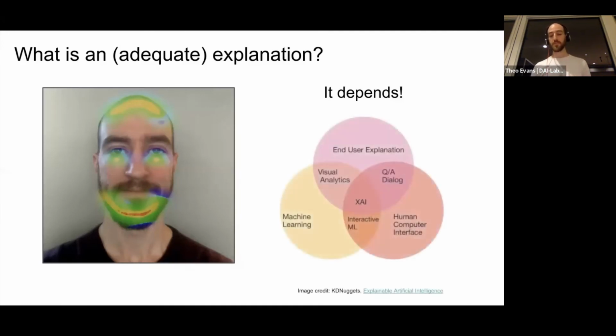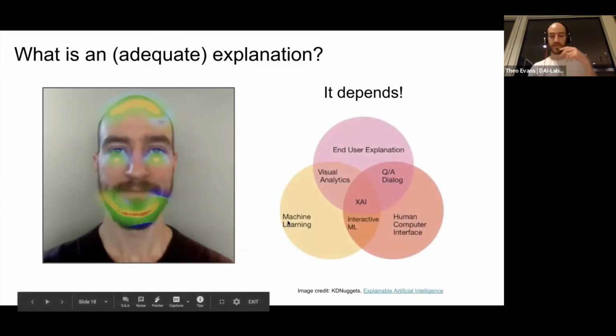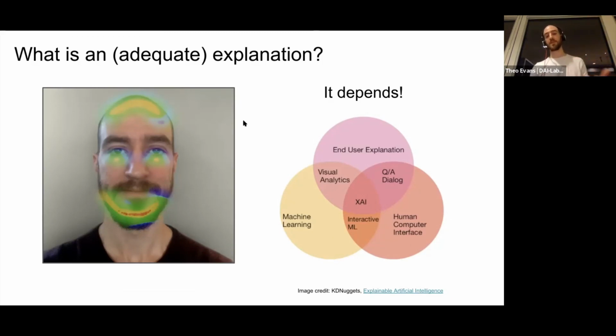Now, so far, as I've introduced, much of this topic of explainability is being driven from the machine learning side, at least in this domain. And in order to really come to an adequate answer to this question, we need to bring in these other domains of where do our users come from and how do they interact with the system.